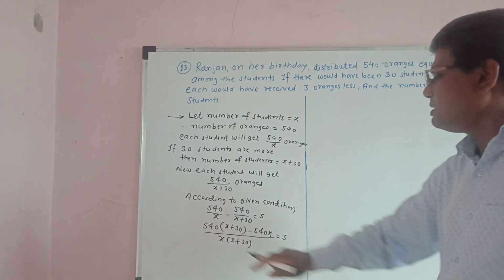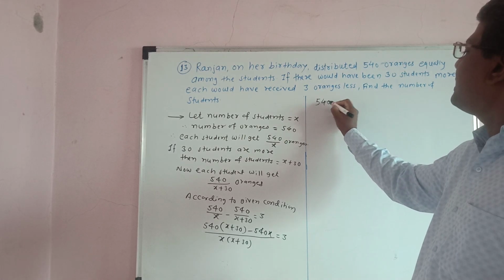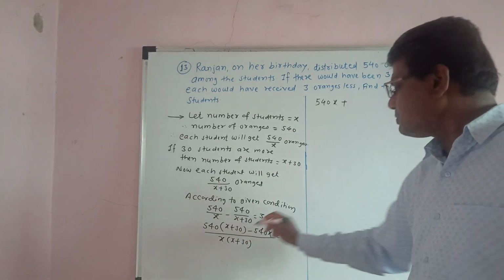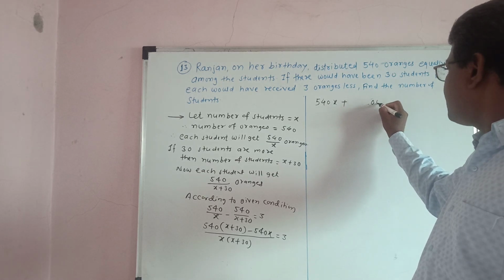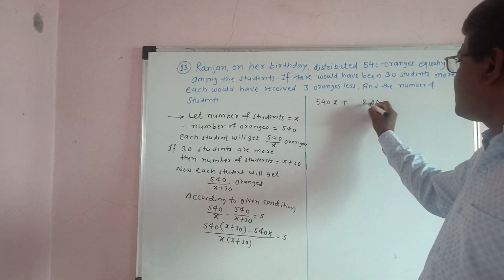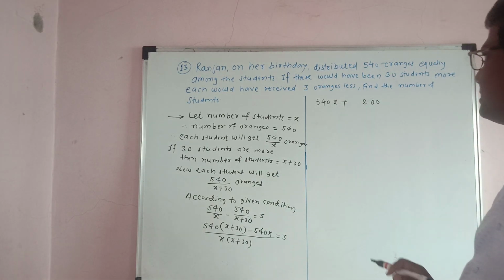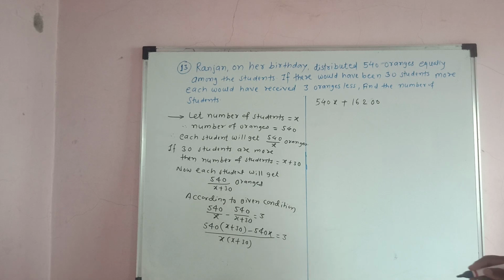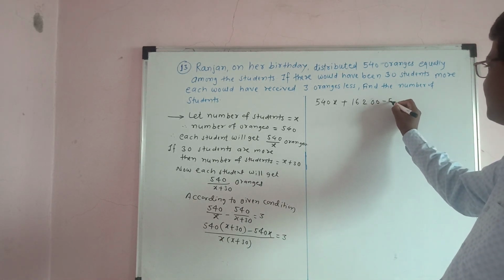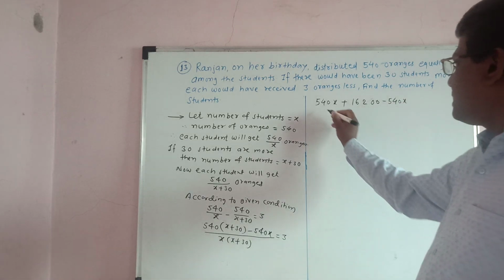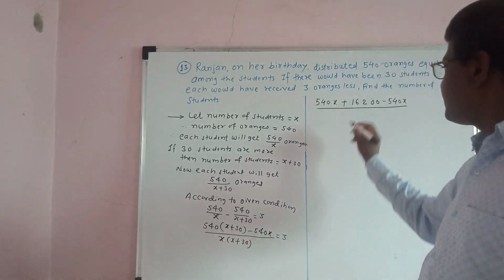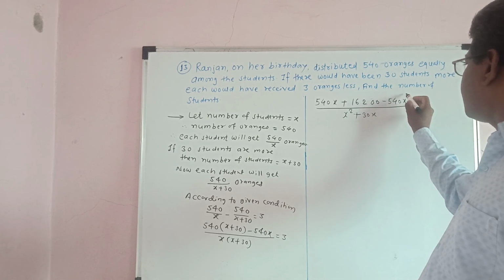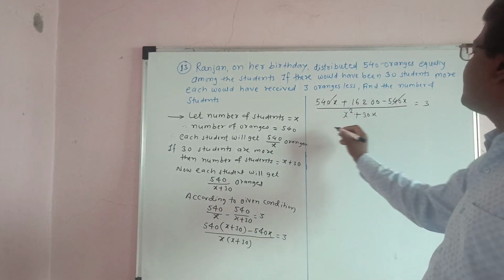Now 540 into x, that is 540x, and 540 into 30 is 16,200, minus 540x upon x square plus 30x is equal to 3. This will get cancelled.